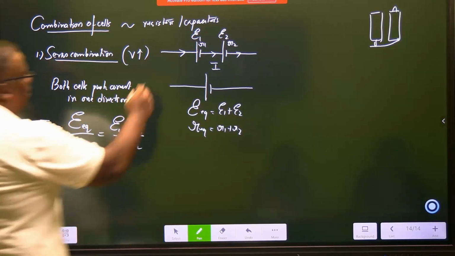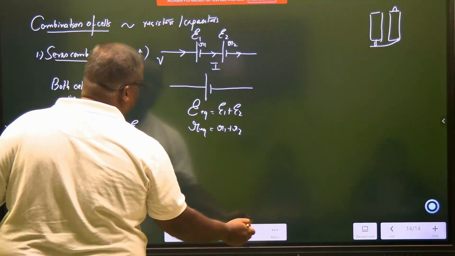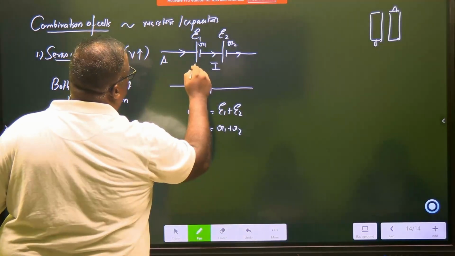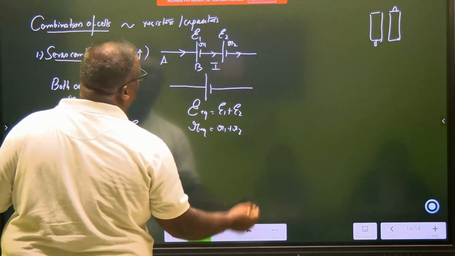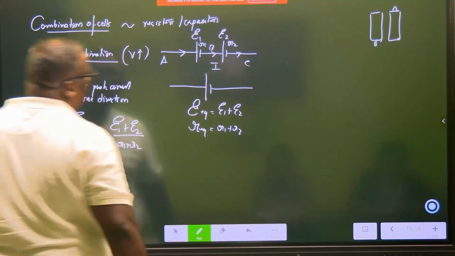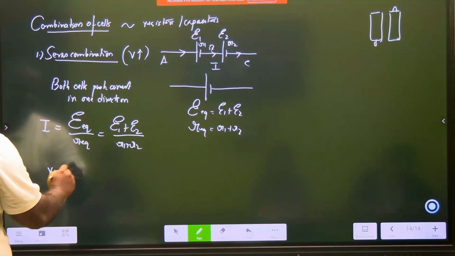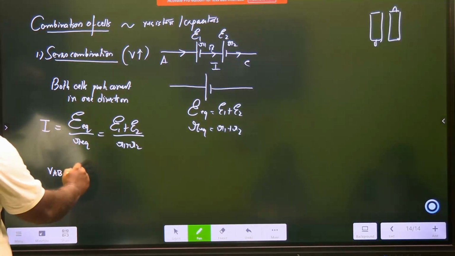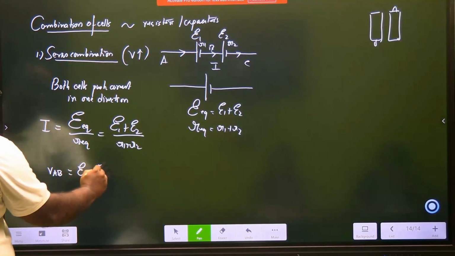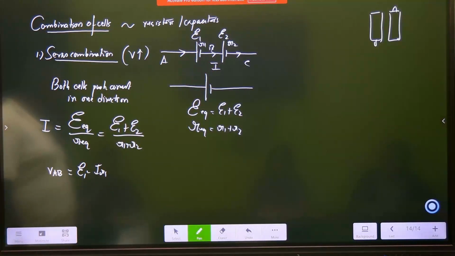So if you now go by voltage, let's say we put this as point A, this point as B and this point as C. So if you see VAB, the voltage between these two, it should be E1 minus I R1. Correct?